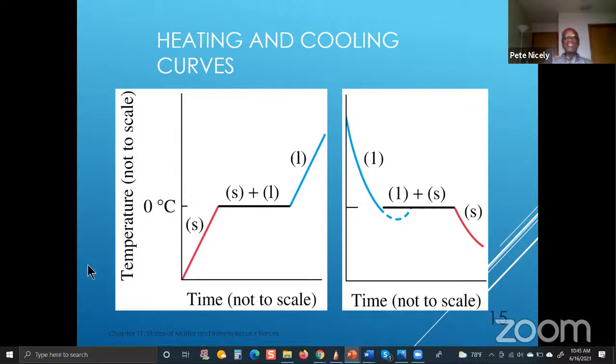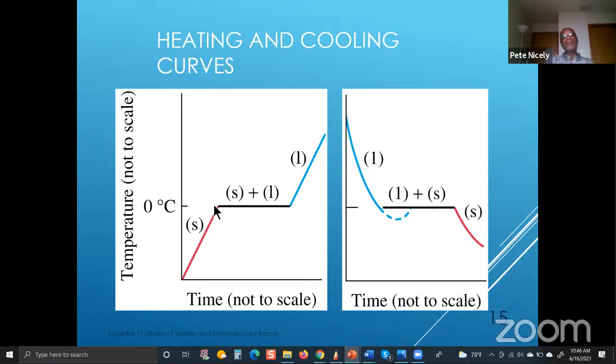Basically, what is shown here is the heating curve, right? So let's say you have a solid here below its freezing point. In this case, I suspect it's water because the freezing point is 0 degrees. You start to heat it up, and as time progresses, you're increasing the temperature, and then you get to the melting point.